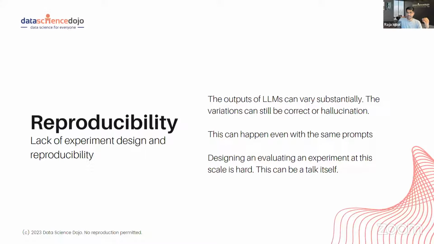Now, designing and evaluating an experiment at this scale is very hard. And this can be a talk in itself, right? Just the reproducibility and the experiment design in large language models can itself be a long talk, actually. Because how do you design an experiment where the data sets are big? Experiment design is a lot about control.